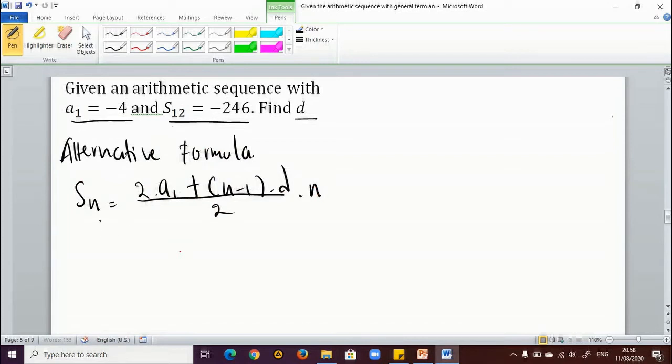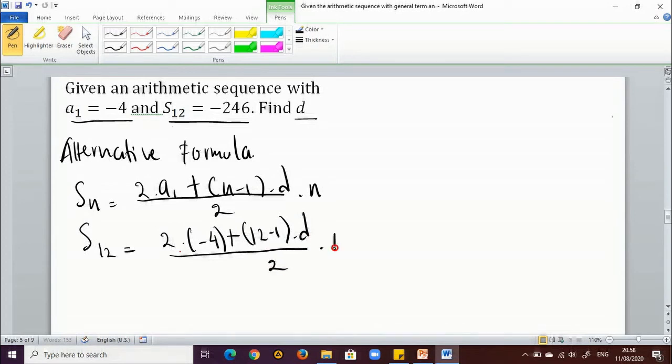Because we are talking about n is 12, S12 equal 2 times the first term plus, okay, let me continue to change in here. So I just want to substitute everything: 2 times minus 4 plus 12 minus 1 times d over 2 times 12.